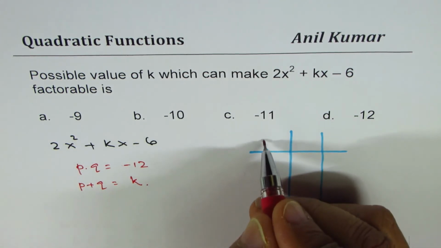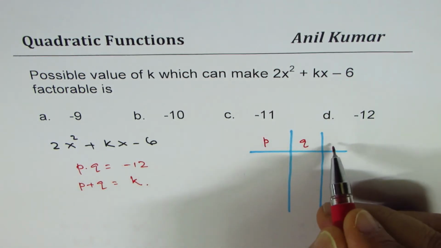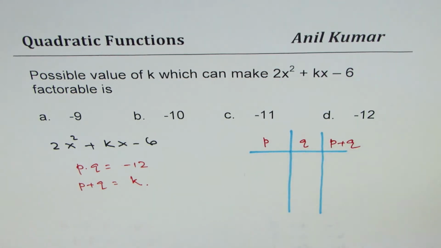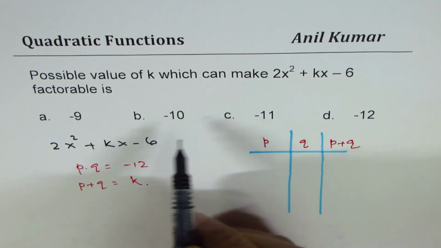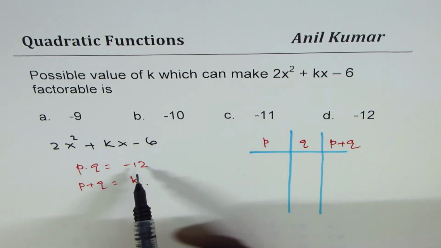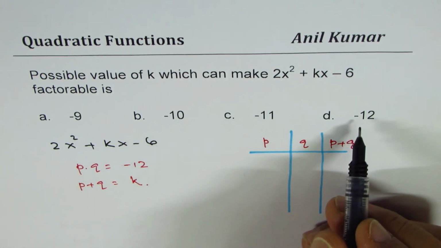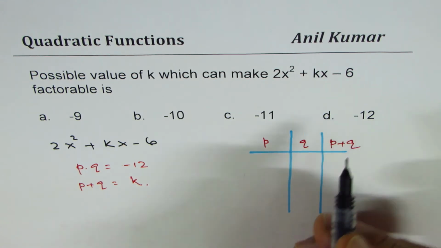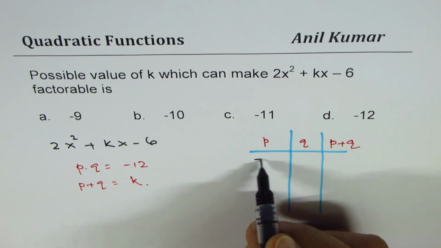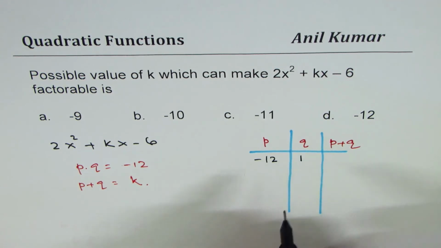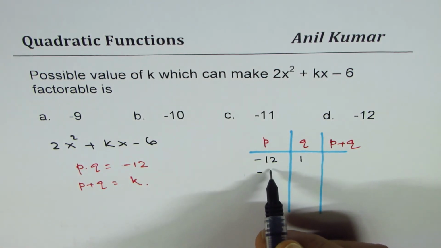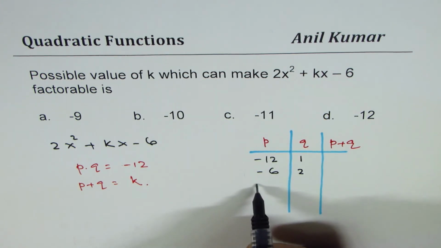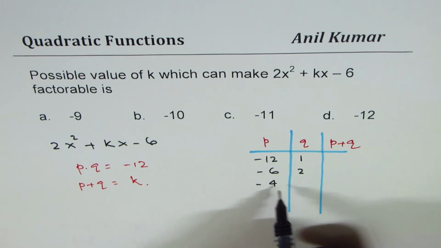We'll write P and Q, and then P plus Q. Most of them are negative, so we'll take the higher number as negative. We can begin with minus 12 times 1. The other combinations could be minus 6 and 2, then minus 4 and 3.